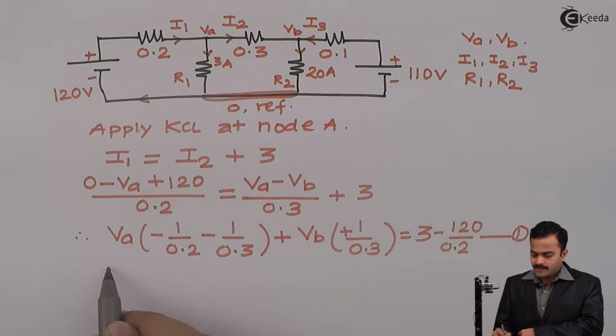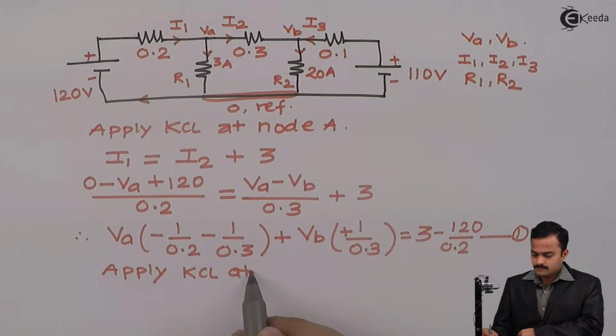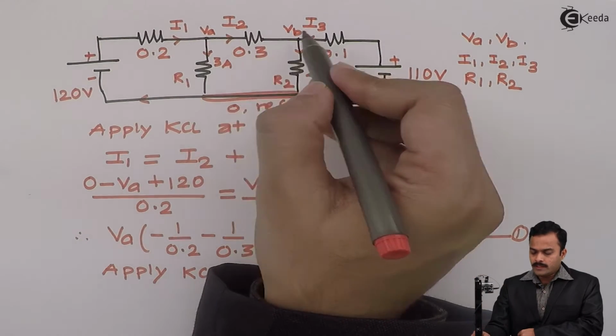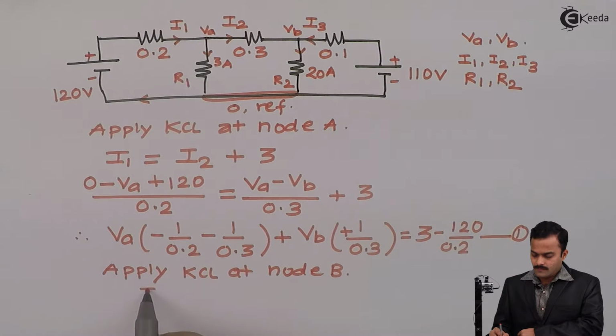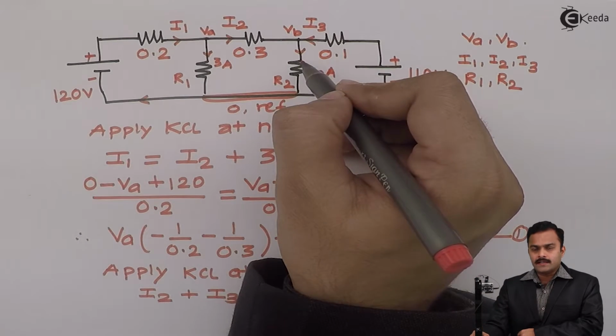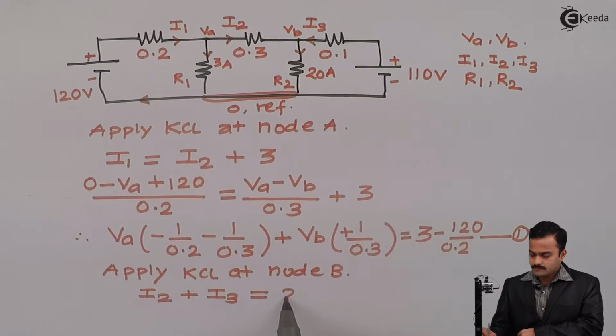Similarly, I can apply KCL at node B. So at node B, I am having two incoming currents, I2 and I3, equal to outgoing current, which is given as 20 ampere. Now let's write I2, I3 in terms of VA, VB.